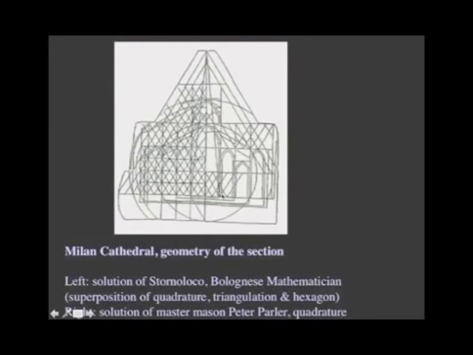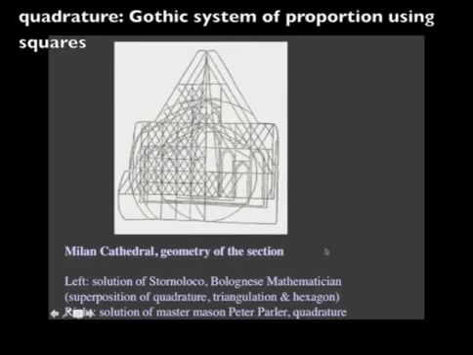And the question was, is there any way you can make this thing less vertical? Because the architect, Mr. Peter Parler, had this idea about quadrature to establish the height of the nave. Parler's idea about quadrature were these square or rectangular modules that would be stacked to give you a certain height. And that was just too tall.